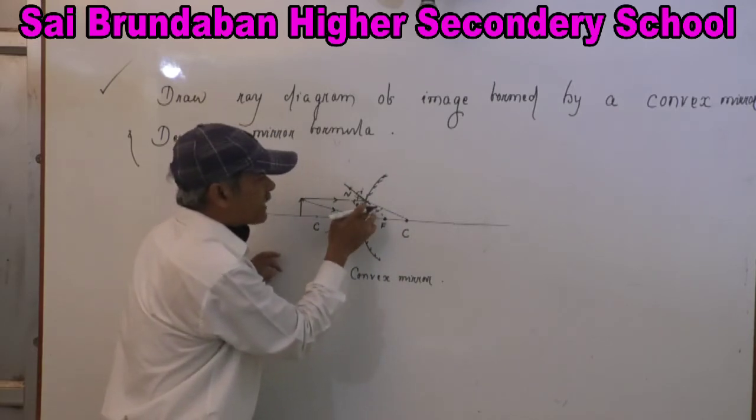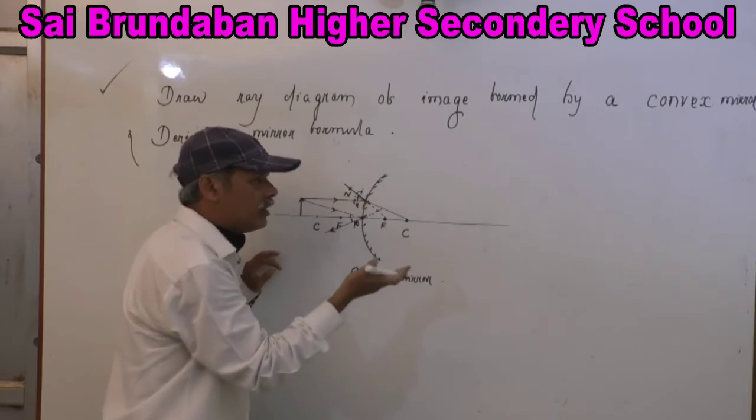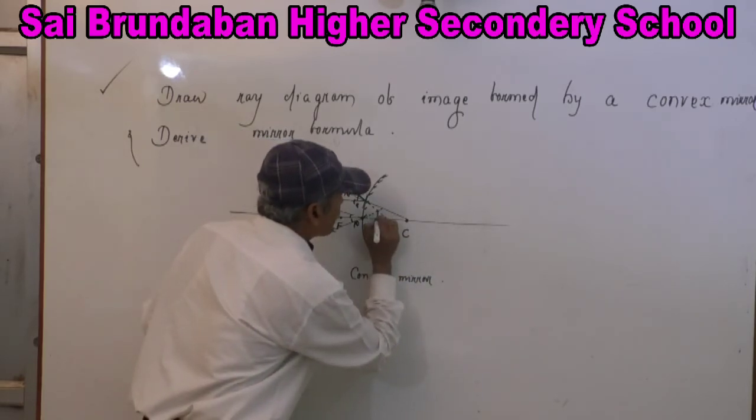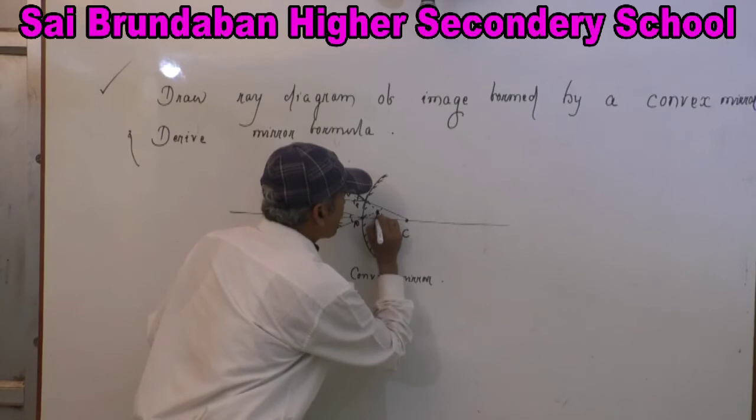These extended rays are called virtual rays. So now the virtual image is formed here.